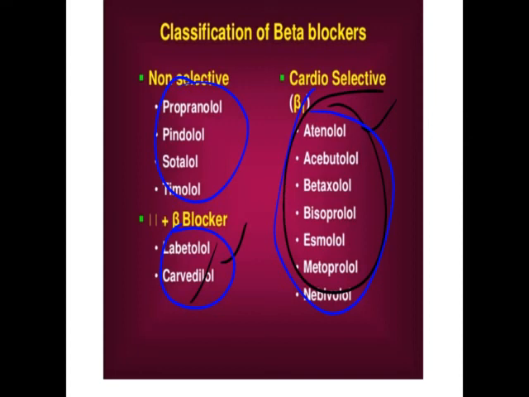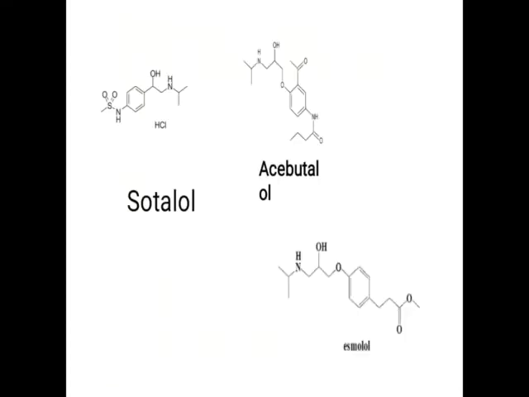Sotalol, pindolol, propranolol, timolol: these are the non-selective agents. So sotalol is non-selective. Here you can find that on the aryl group, at the para position, a CH3SO2NH group is present, so it produces the antagonist effect.